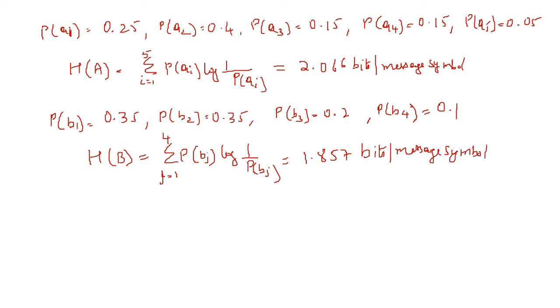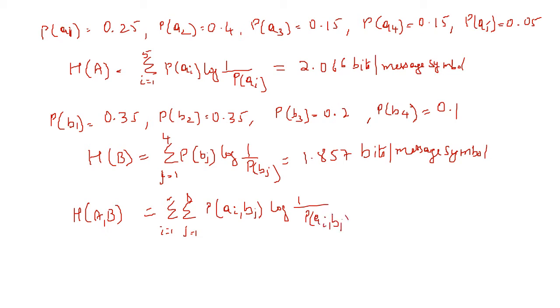Now we can find H of A comma B, the joint entropy, given as the double summation, i from 1 to r, j from 1 to s, of P of ai comma bj into log of 1 by P of ai comma bj. That is, you take each element of your joint probability matrix, find P of ai comma bj into log of 1 by P of ai comma bj, and simplify.